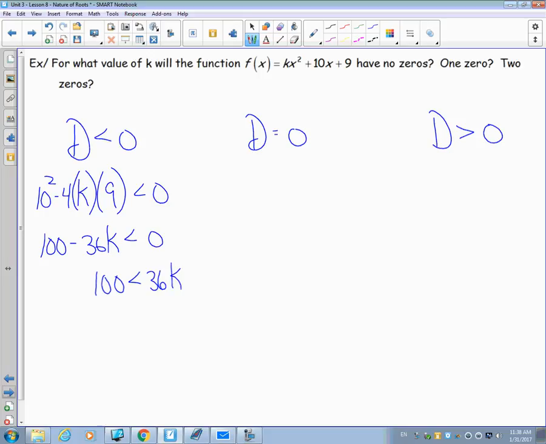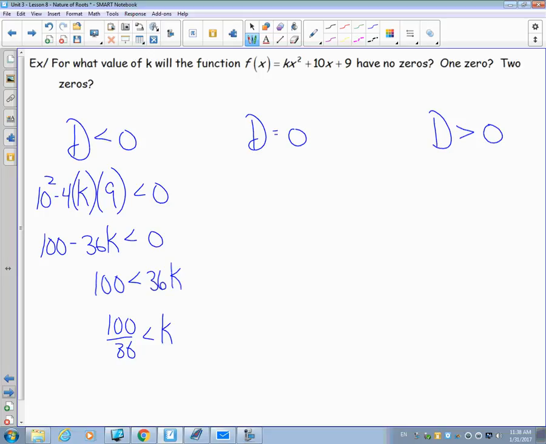Okay. Numbers on one side, others on the other, and I end up with 100 over 36. So as long as k is greater than whatever 100 over 36 is, you can change it to a decimal if you want to. What's 5 thirds, 1.666. As long as it's bigger than that, or sorry, 2.666, then you're going to get no zeros.